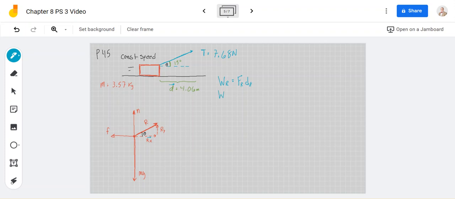So to calculate that, I need to get the rope in the x direction times the distance. Those would be parallel. To get that, I'm going to take the rope force, which is the tension, times the cosine of my angle, times the distance.